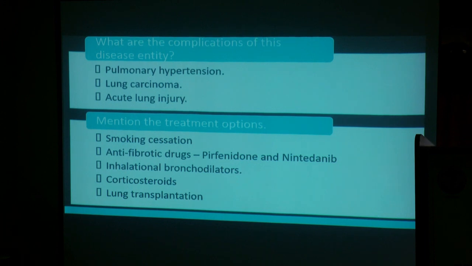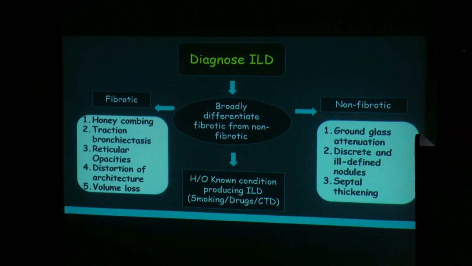All other things are symptomatic, giving bronchodilators, advising them to stop smoking, and corticosteroids or inhalational bronchodilators are symptomatic. The most important treatment is to start an antifibrotic drug and ask them to wait for a suitable allograft lung transplant.